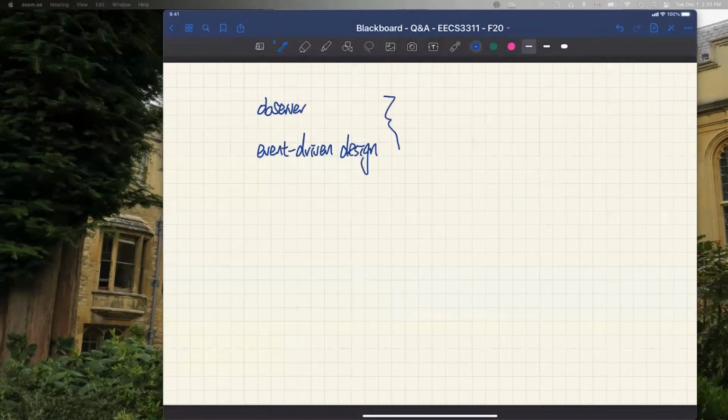These two are both for distributed systems. More specifically, observer is one-to-many, so one server and multiple clients, and event-driven design is many-to-many.